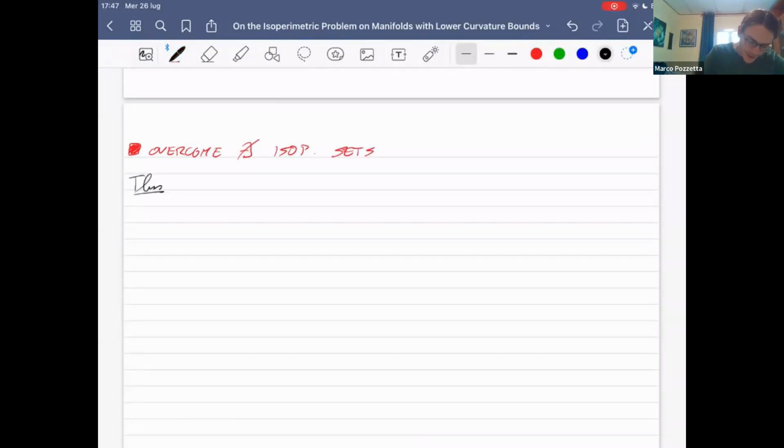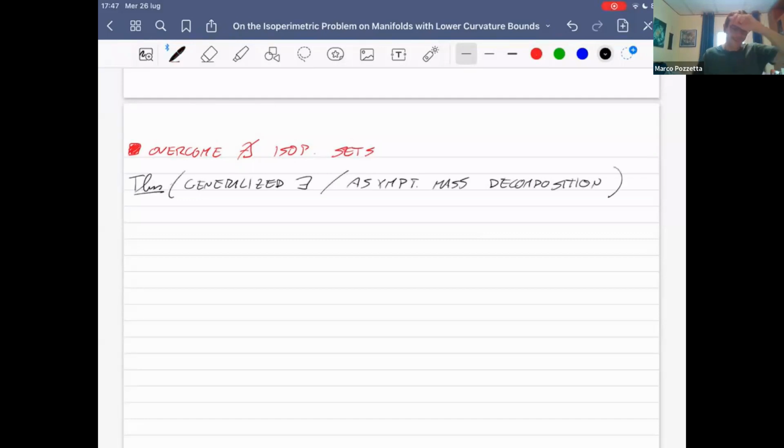It's a theorem that goes under the name of generalized existence, or also asymptotic mass decomposition. And it is what you do when you don't have existence, right? You find a sort of generalized existence.